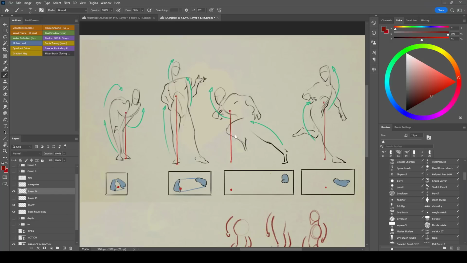So aside from the rhythms, as a final point, we also have the balance of our pose. And the balance is related to two separate terms. We have the center of mass, or the center of gravity, depending on who you ask, and we have the base of support. Now, to quickly define these, the center of mass is very easy to identify, because we just need to think about where the masses of our body are and where the median weight would be.